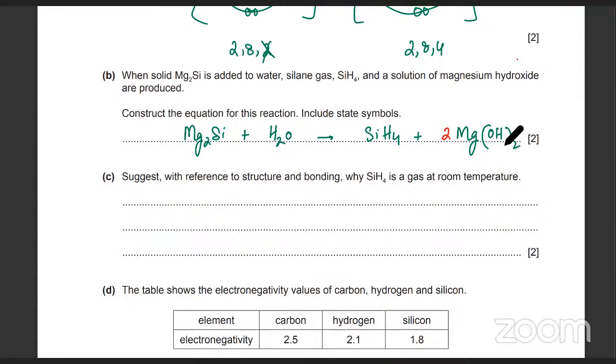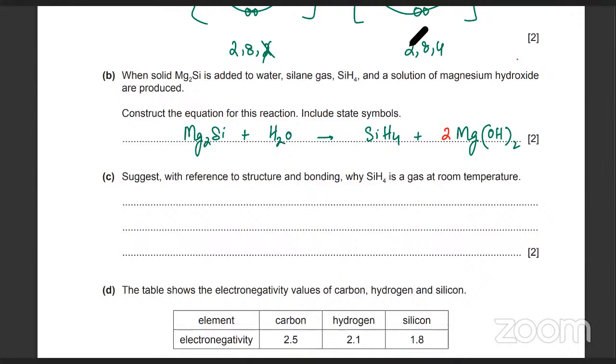So there are 6 of them, and 2 oxygens. That's one problem over here, which is that it's kind of hard to balance the oxygens in this case.